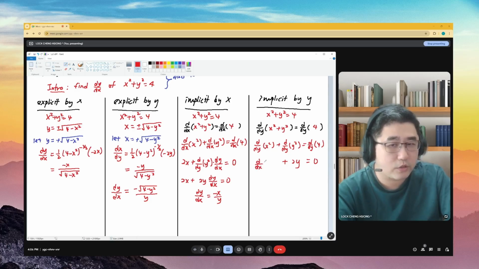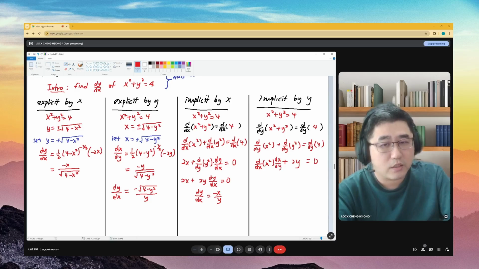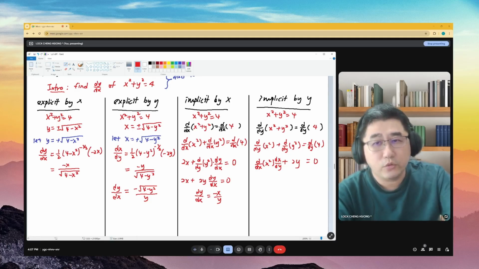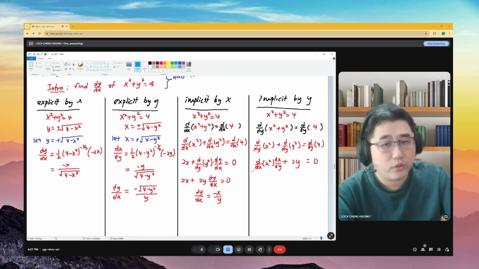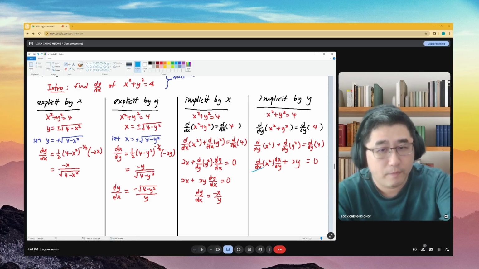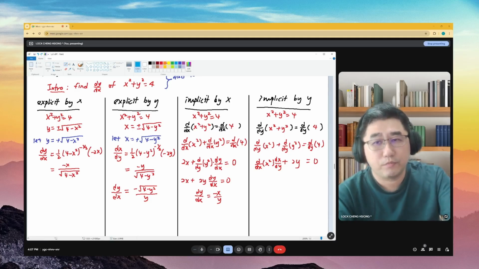So d/dx of x squared, times dx/dy. Some students will ask me how do I know where to put the dy and the dx, dy above, dy below, and so on. Whatever you do, when you apply the chain rule and do the cancelling, you should go back to the same place.